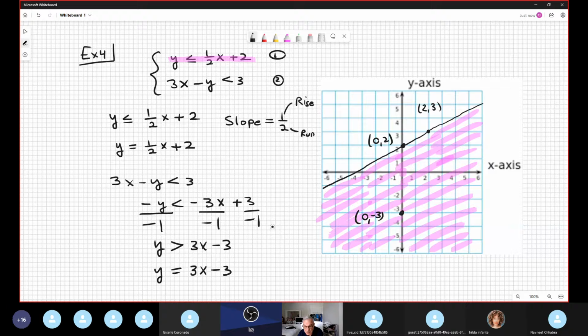So 3 alone is considered as 3 over 1. The rise is 3, the run is 1. So 3 up and 1 to the right, and we get this point, which is 1, 0. And you draw a line.